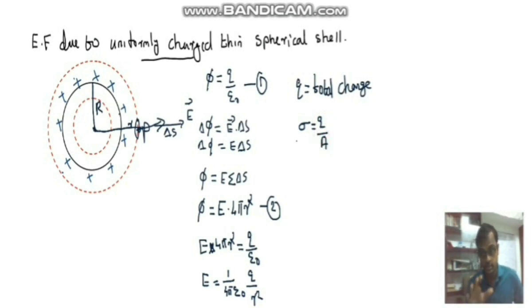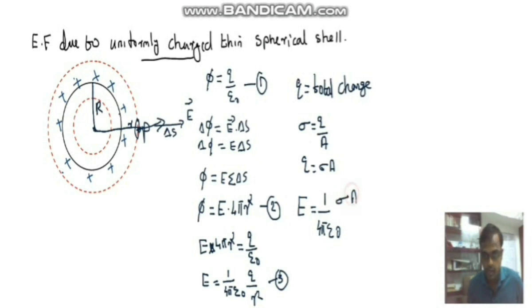Don't be confused here: the charges are distributed on the surface only. Even though it is a spherical shape, inside there is nothing, the charge is only on the surface. So I can substitute Q is equal to sigma A. So equation number 3 can be written as E is equal to 1 by 4 pi epsilon 0, and instead of Q, sigma A divided by r square.